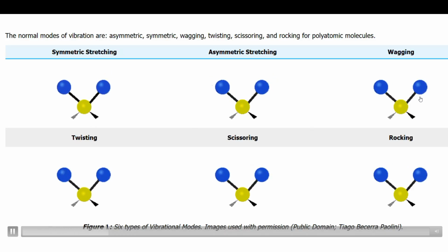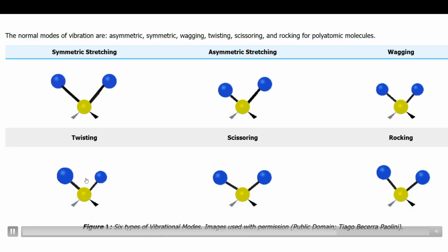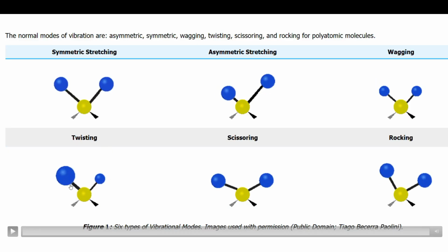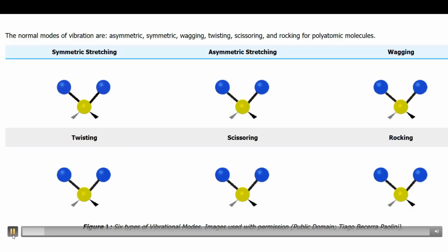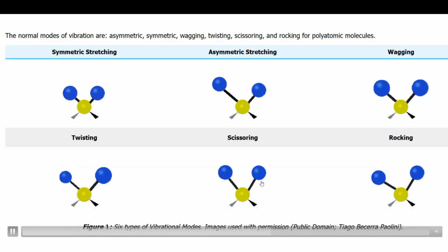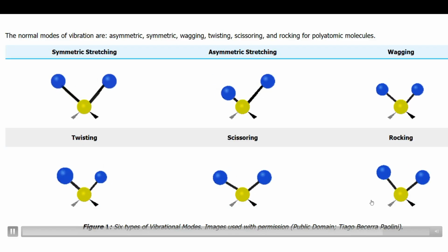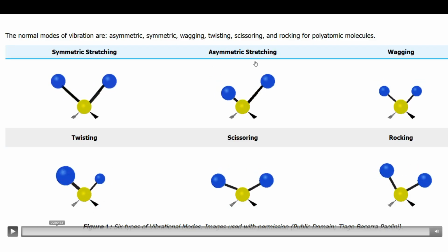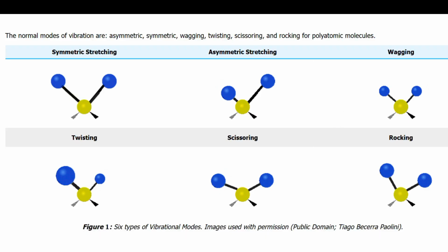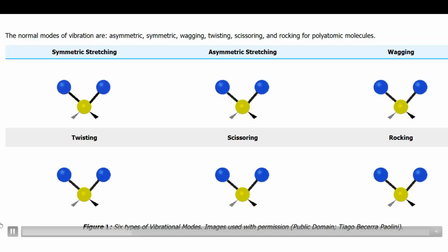Then there's wagging, like how a dog wags its tail. Then there's twisting between the molecules in question. Then there's the scissoring effect, like how you use scissors to cut paper. And then there's the rocking effect as well. These are the different modes of vibration that one can have along the bond in question.